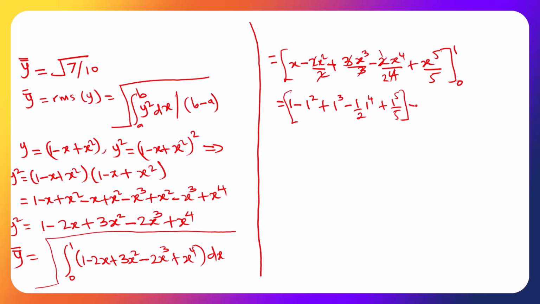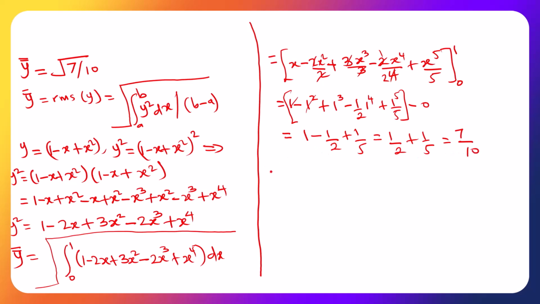Of course, this minus 0, and this will give us 1 minus 1 over 2 plus 1 over 5, and this is the same thing as 1 over 2 plus 1 over 5, and this is the same thing as 7 over 10.